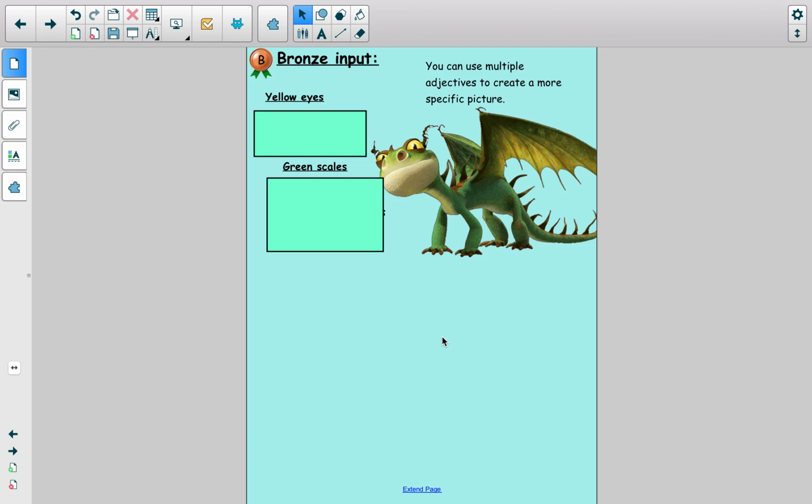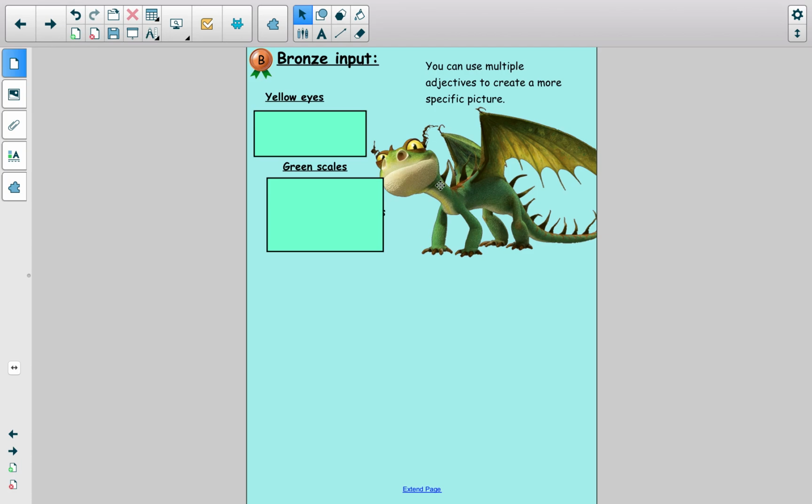You can see that the dragon has yellow eyes and green scaly skin. However, if you were reading a book about this character and it had no pictures, this would not provide you with a clear image in your head about what the character really looked like. So we need to use our adjectives to help provide a more specific image.